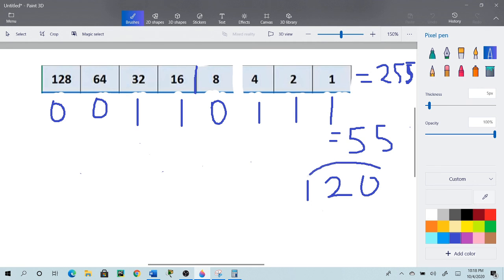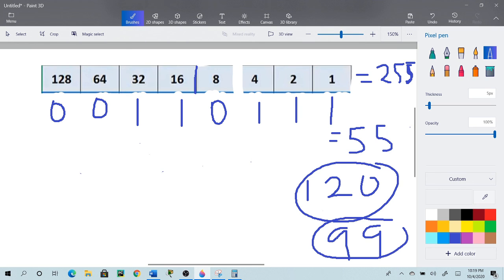So I need you to come up with 120, and then do me a favor and come up with the binary value of 99. So I only give you 2 assignments today, which are 120 and 99. I started with a higher number, and then below it is 99.